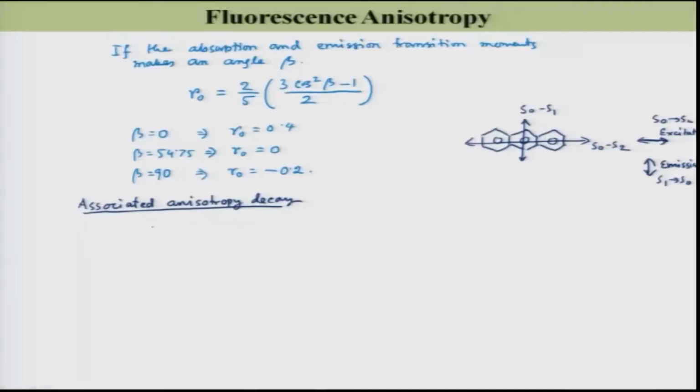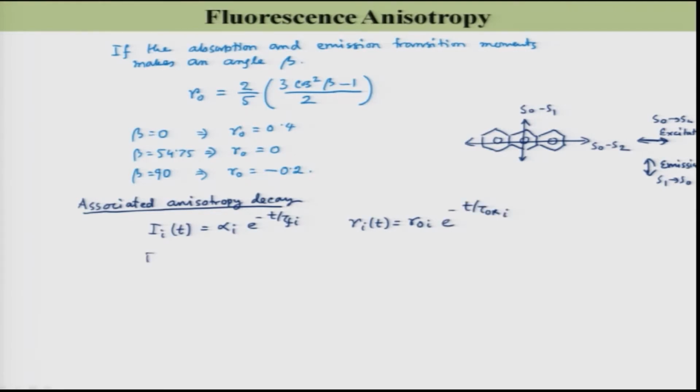So, let us take the intensity of the ith component defined by alpha i, so this is my lifetime part, e to the power minus t by tau f i, and my anisotropy part, r i of t, is equal to R0 i into e to the power minus t by tau r i, right.